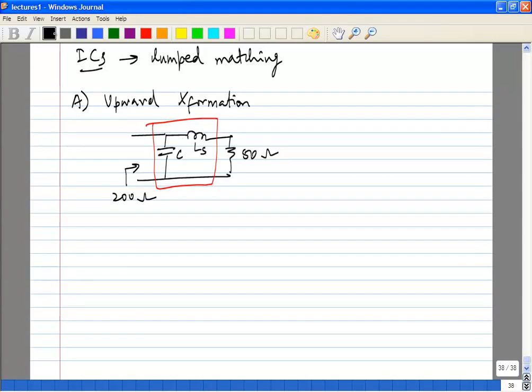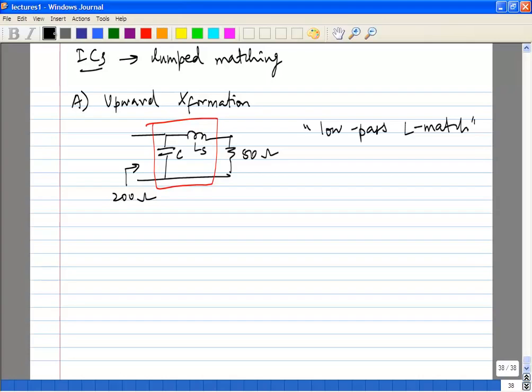This is actually called a low pass L match. It's called an L match because you have two elements, one vertical and one horizontal, which looks like an L in different orientations.